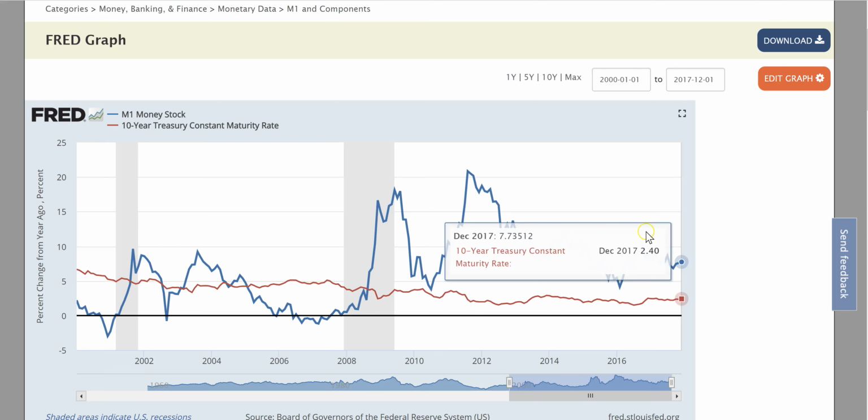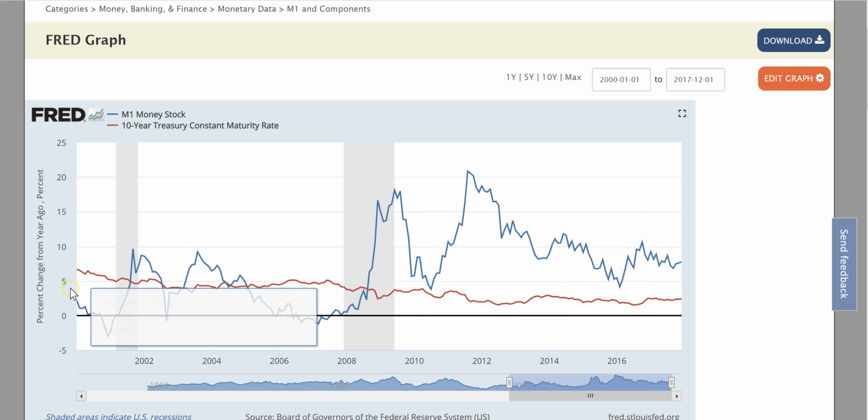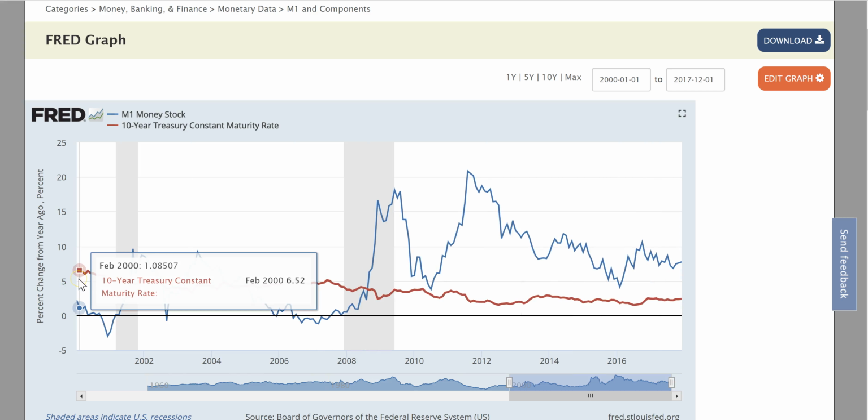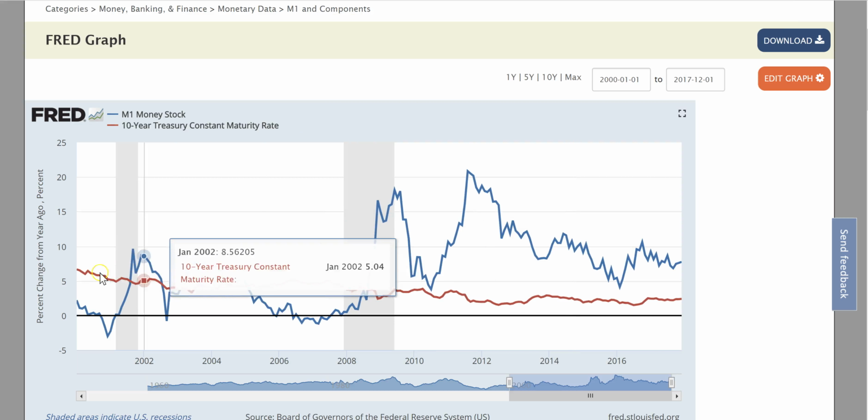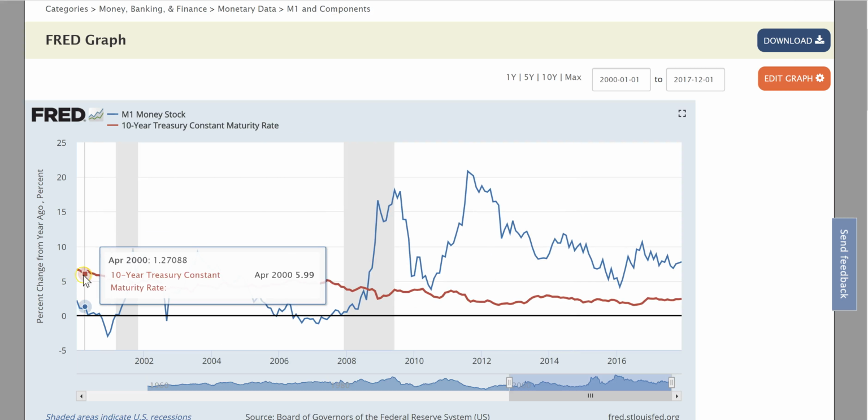And now let's go to January 2000, which is where the graph started. You can see the first number now changes to 1.08507. So that's the money growth rate in January 2000.